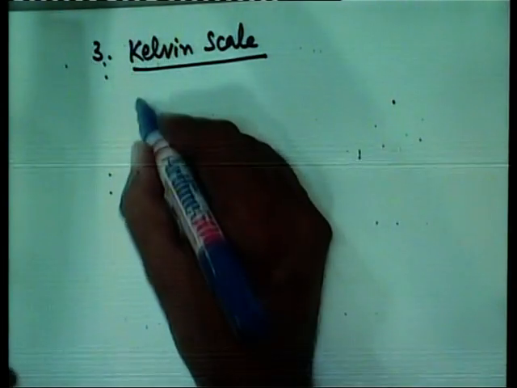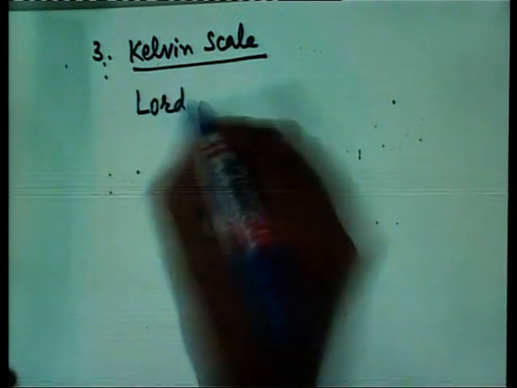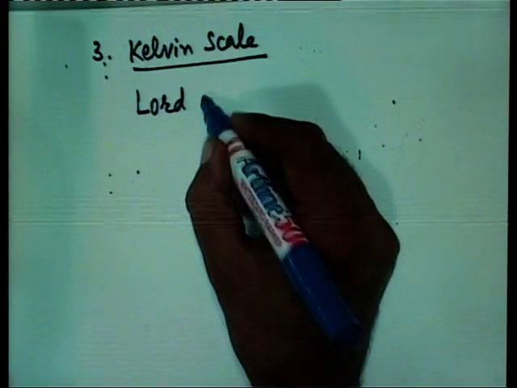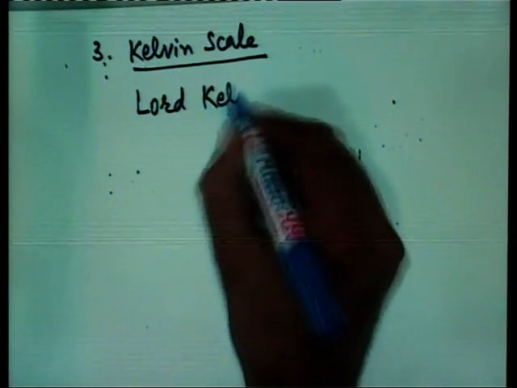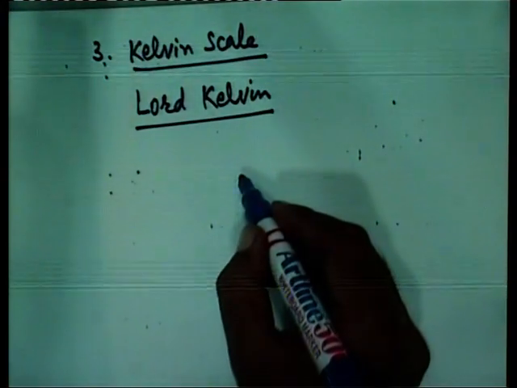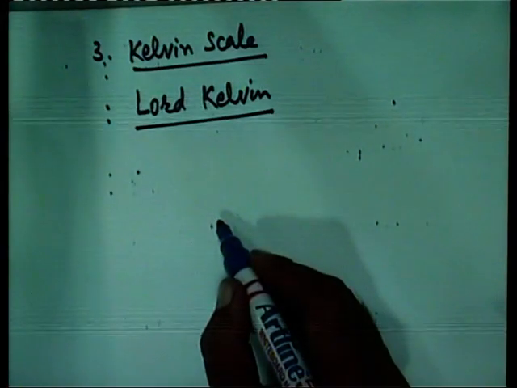A modern scale, which is the third, is called the Kelvin scale. This scale is given by the scientist William Thomson Kelvin, who was later known as Lord Kelvin, the name of the scientist who introduced this scale.